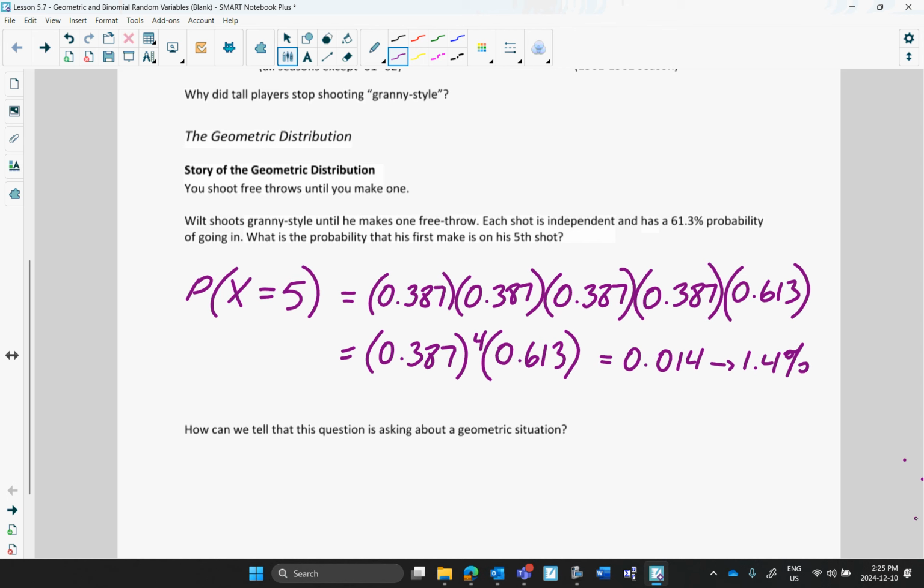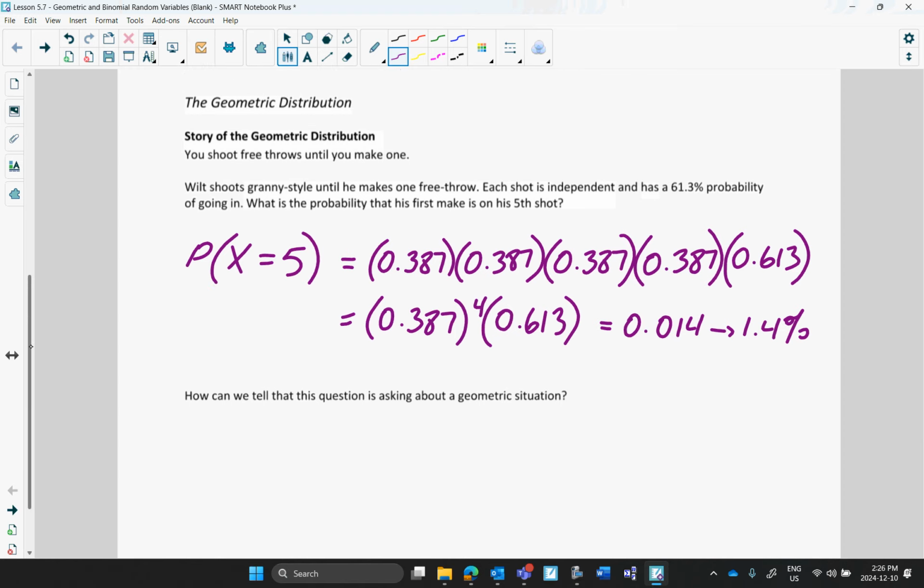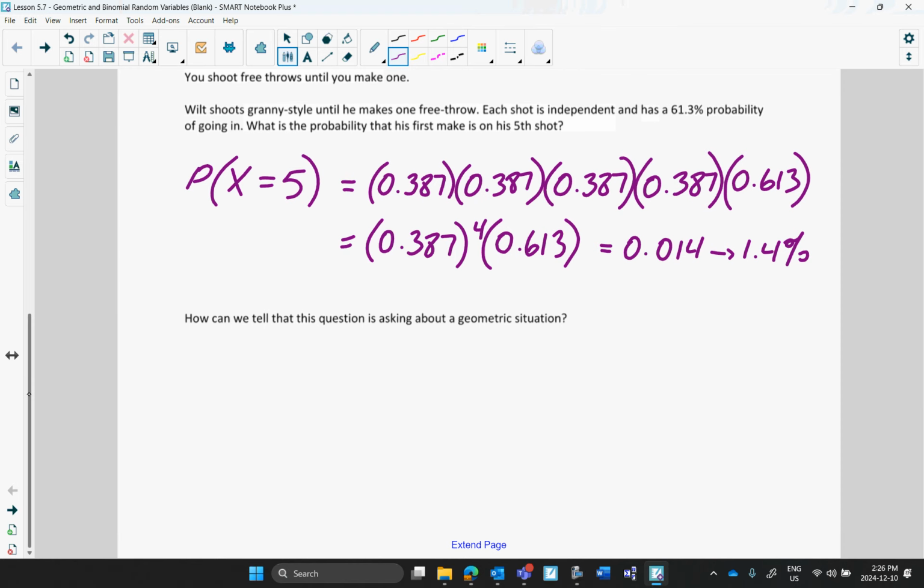So how do I know this is a random variable problem, a probability distribution problem? But how do I know it's geometric? The key to recognizing a geometric is asking about when the first success is.